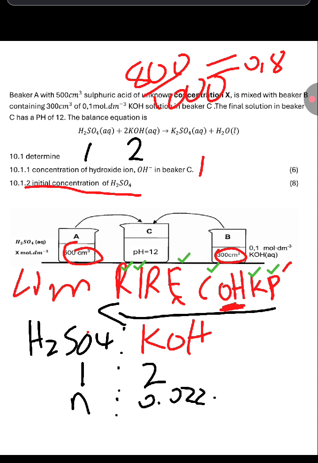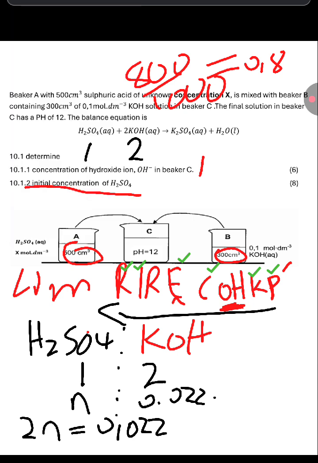Okay. Then you divide now. So the number of moles n, cross multiplying, 2n is equal to 0.022.